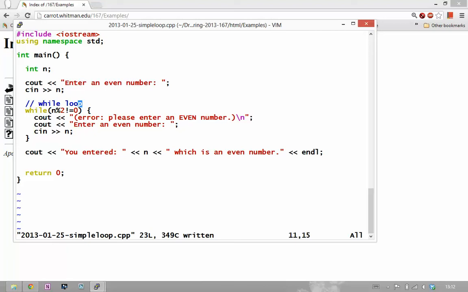You go back up to here and you check n again. So let's say I enter 7 here. Go back up here. 7 % 2 is 1. 1 is definitely not equal to 0. So the loop happens again. Please enter an even number. Ask for a number. Get the number. Go back up here and check. Let's pretend now I enter 4. I go back up here. 4 % 2 is 0. 0 is definitely equal to 0, which means the loop stops.